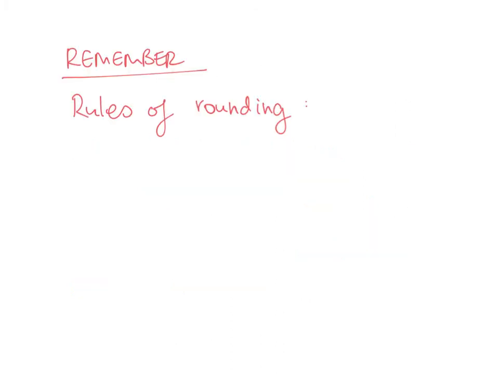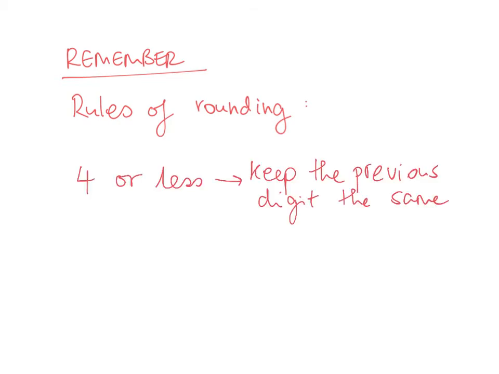Just before we get going then, please write this down. Remember, we need to just recap the rules of rounding to make sure that we understand what we're doing when we're using rounding in any form. So, if you see a digit after the rounding line of 4 or less, so in other words, a 0, a 1, a 2, a 3 or a 4, we keep the previous digit the same.